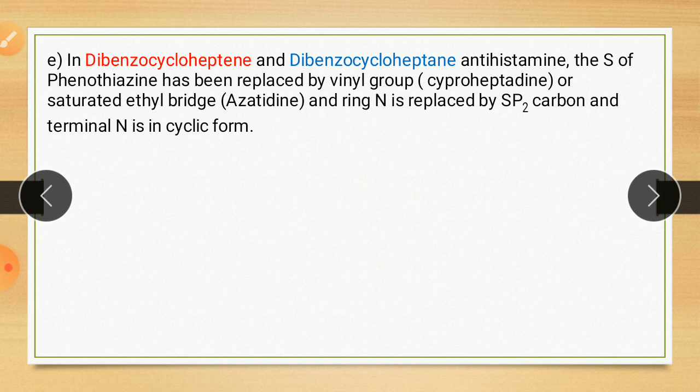Now next point, in dibenzocycloheptene and dibenzocycloheptane antihistamines, the sulfur of phenothiazine has been replaced by a vinyl group in cyproheptadine or a saturated ethyl bridge in azatadine, the nitrogen is replaced by an sp2 carbon, and the terminal nitrogen is in cyclic form.